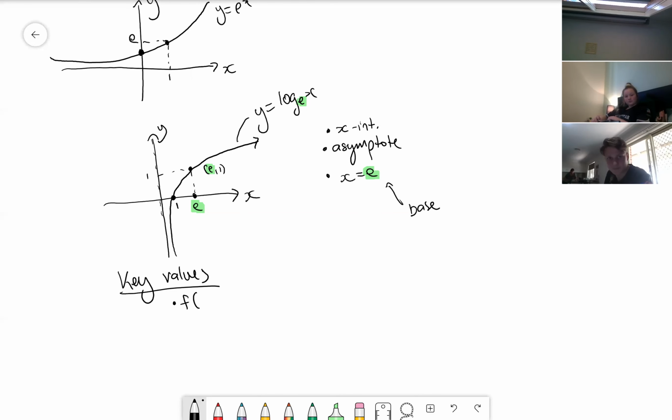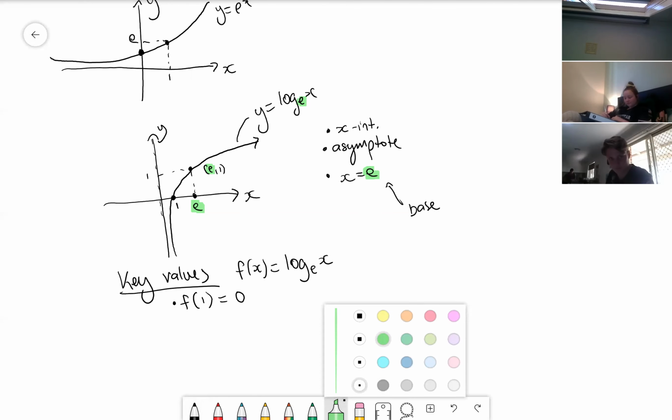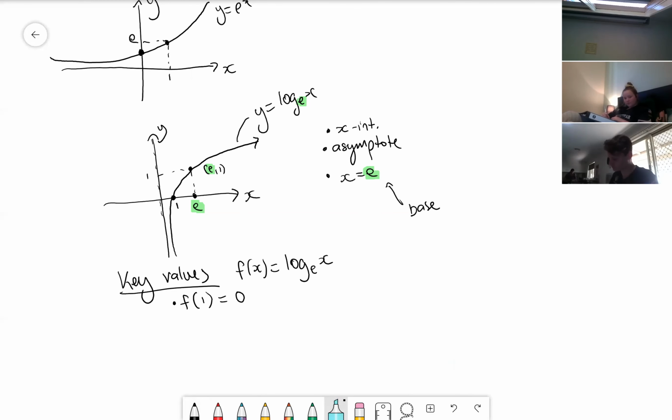So if we have f of x is equal to log to the base e of x, we'll have f of 1 is equal to 0. So that's just the intercept. And then we have f of e is equal to 1, which is what we've already drawn.